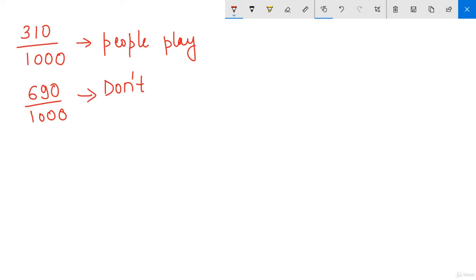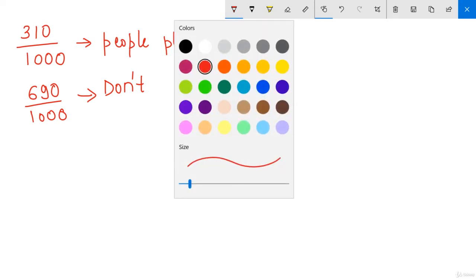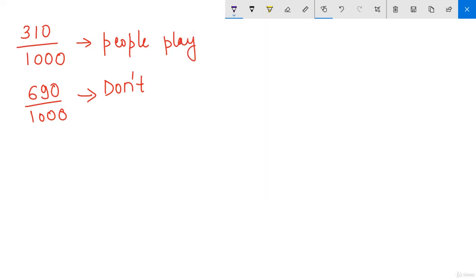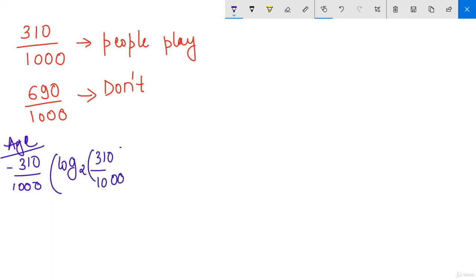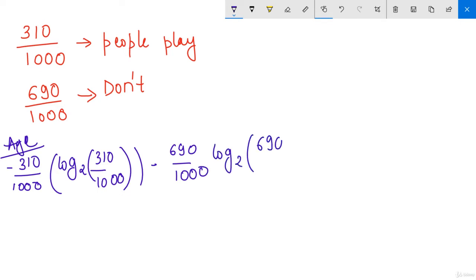Okay, so let's put these values into the formula for the initial part. If I want to take it on the basis of age, I'll say 310 upon 1000 log 2 310 by 1000, minus 690 by 1000 log 2 690 by 1000.